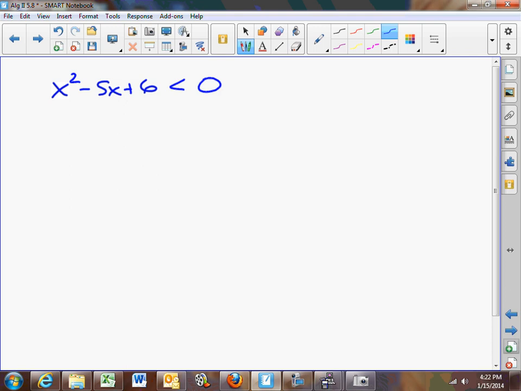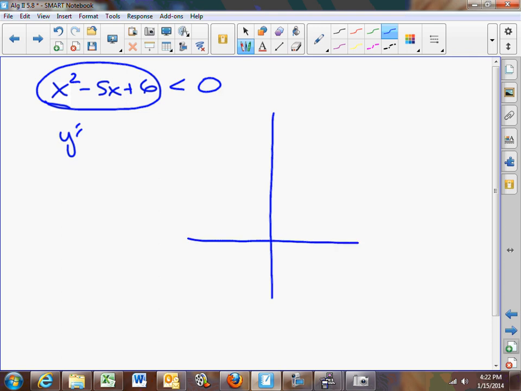And what we do is we think of the x, well, first of all, again, if it isn't less than or equal to 0 or less than 0 or something like that, move everything to one side so that you've got a quadratic polynomial on one side and a 0 on the other side. And what we do is we think we're going to let that equal y, or y is equal to that. And if we were to do that, then we would get a graph.